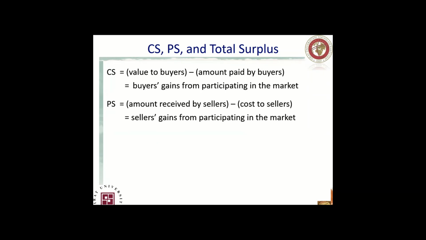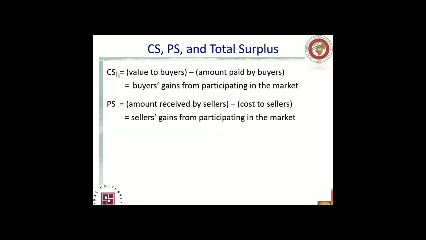So what is the total surplus, consumer and producer, from joining the market? So let's just rearrange our ideas. Value to buyers minus amount paid by buyers, that is the total gain for buyers from joining the market, and the amount received by sellers minus the cost to sellers, that's the sellers' gain from participating in the market.